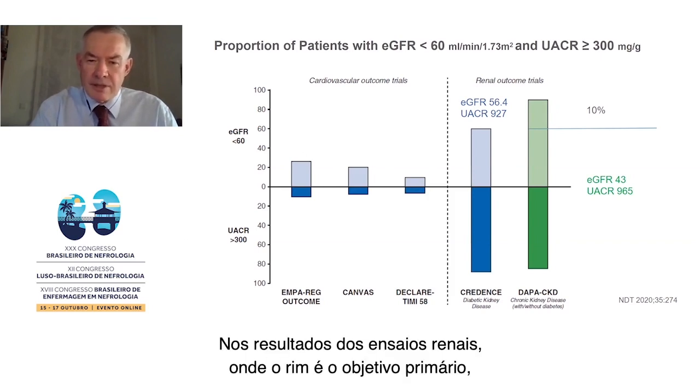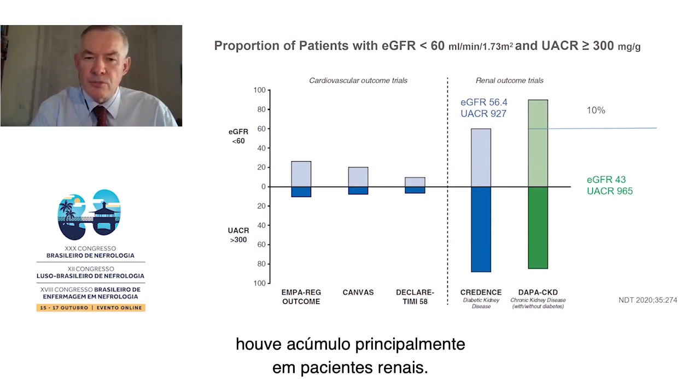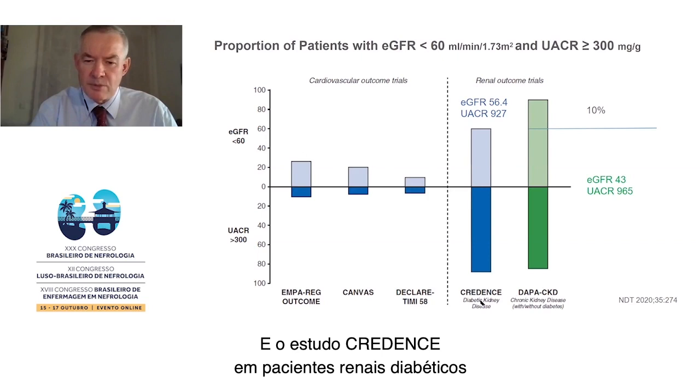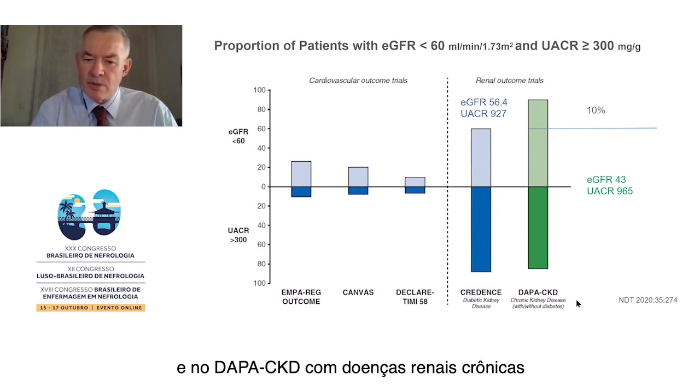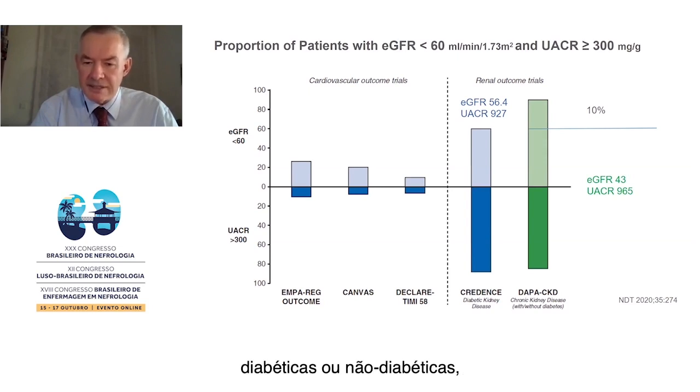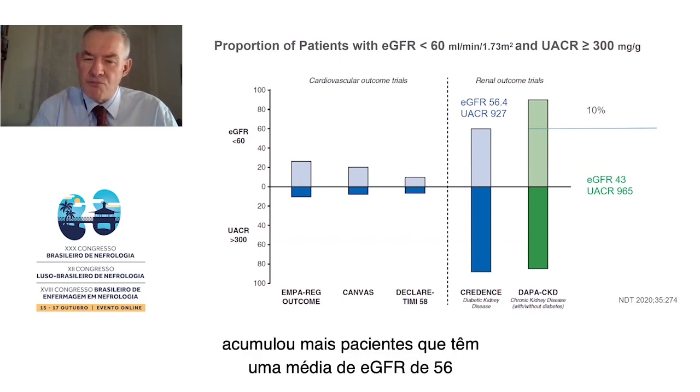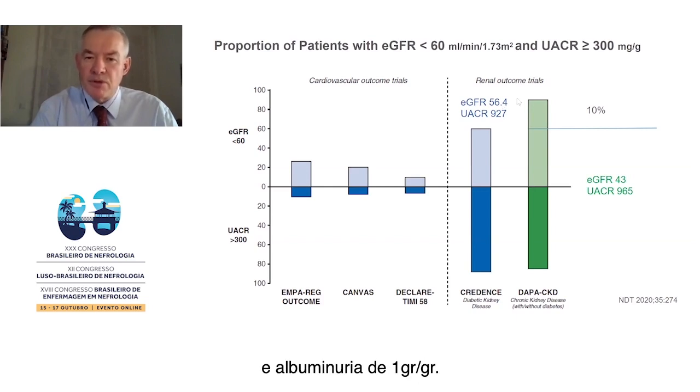The renal outcome trials, where the kidney is in the primary endpoint, accumulate especially kidney patients. The CREDENCE study with diabetic kidney disease and the DAPA-CKD with diabetic and non-diabetic chronic kidney disease have accumulated more patients, with a mean eGFR of 56 and an albuminuria of about 1 gram per gram.